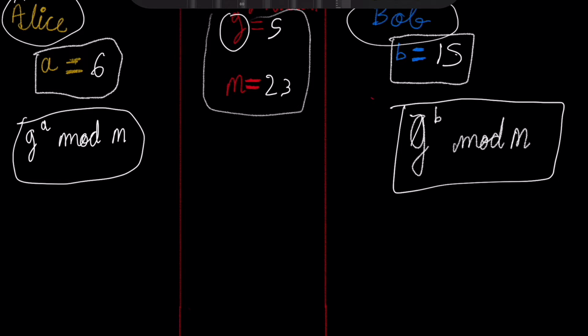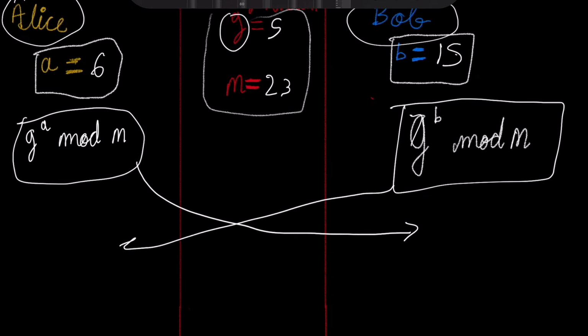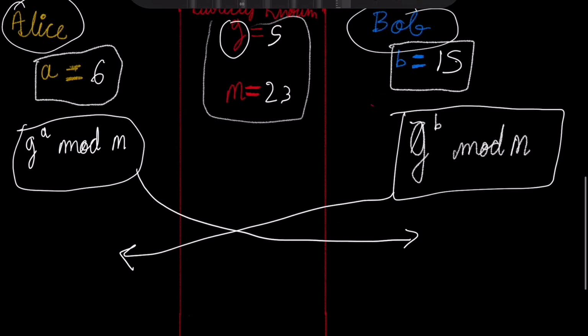Now through the public channel, Alice sends this value to Bob and Bob sends this value to Alice. And so what will be this value? g to the a mod n will be essentially equal to 5 to the 6 mod 23. Let me just calculate it.